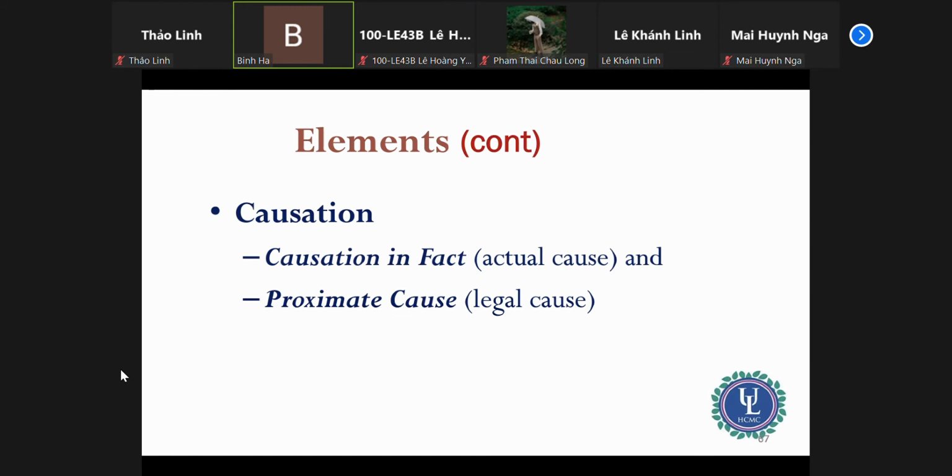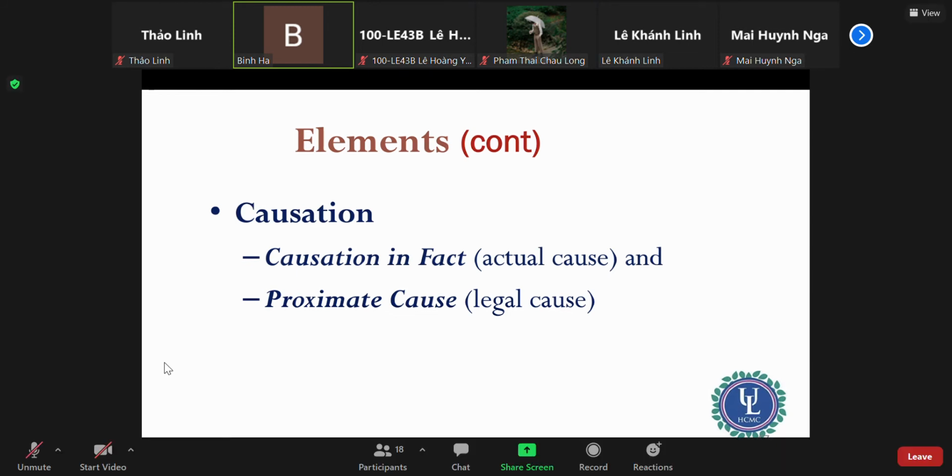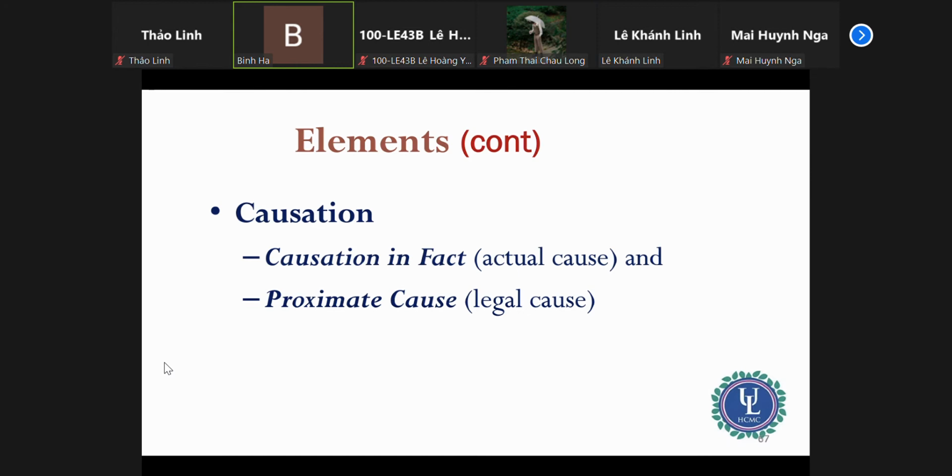But he couldn't imagine or foresee that the fire would reach a chemical factory inside the forest, make it explode, and the chemical could pour out into the river next to the factory, and then cause injuries, cause disease to someone else who lives at the end of the river, which is 100 kilometers away from his farm.